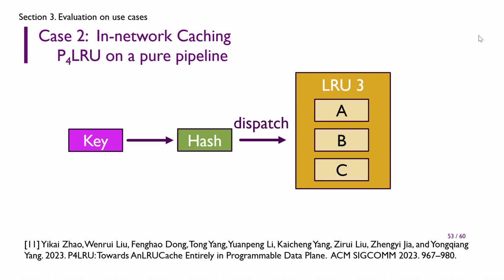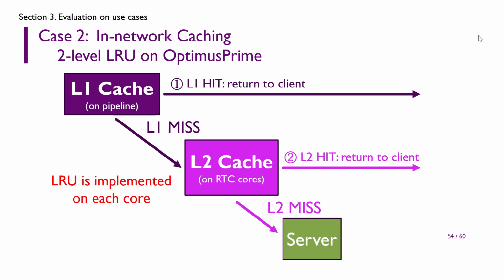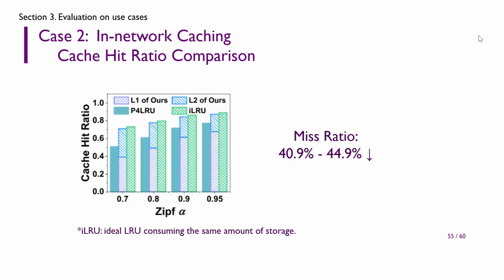For example, P4LRU, proposed in 2023, divides the cache into multiple LRU units of size 3. On the other hand, our implementation on OptimusPrime is a 2-layer cache. Direct mapping is used on the pipeline, while LRU is implemented on each RTC core.